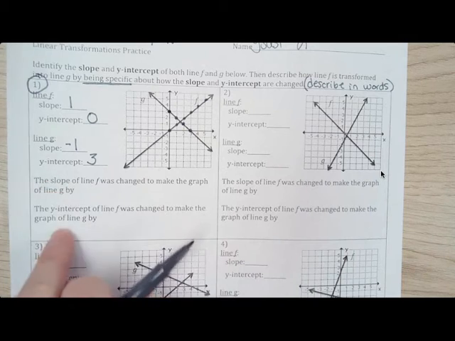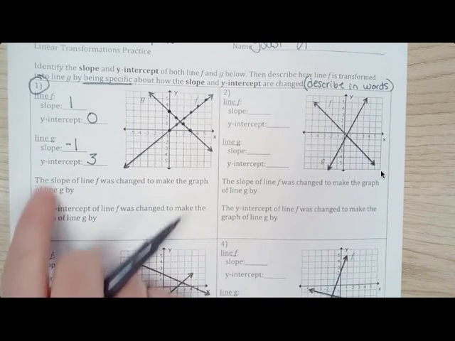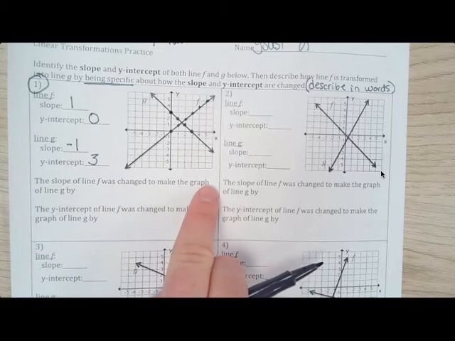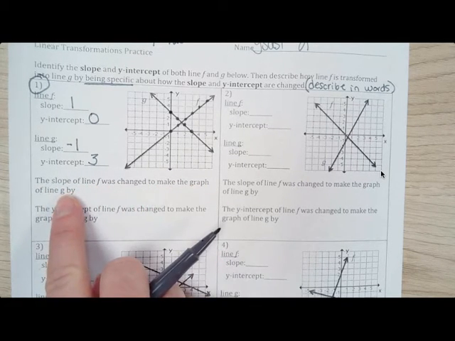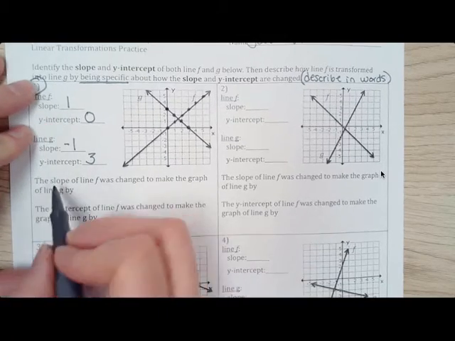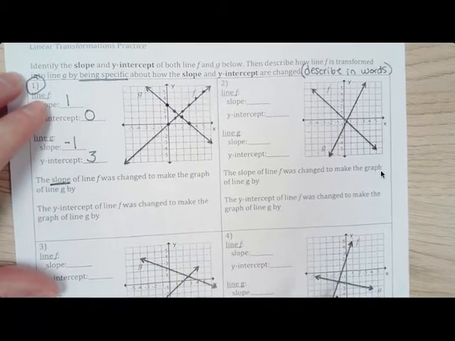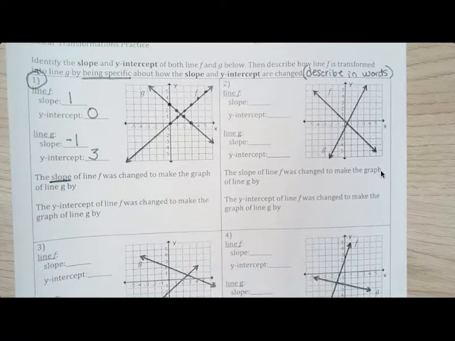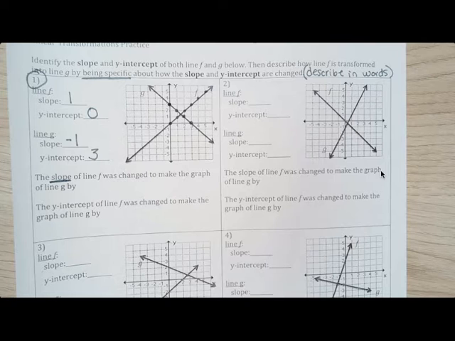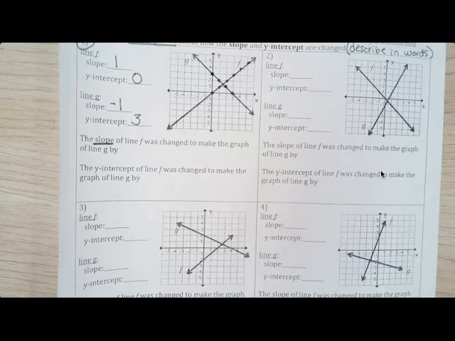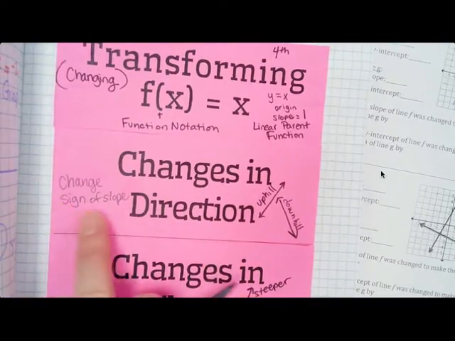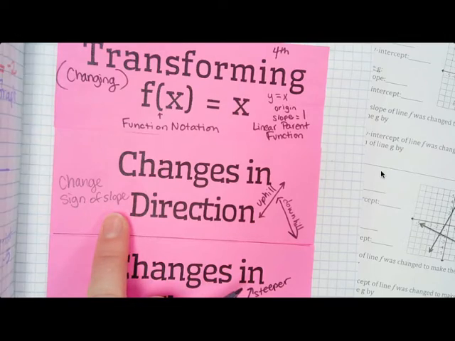So now we have to describe in words by answering these 2 questions. It says the slope of line F was changed to make the graph of line G by, so let's look at just the slope. Slope was 1, and now it's -1. So if we look back at our notes, the change in direction changed the sign of the slope. That's the only thing that was changed to the slope.